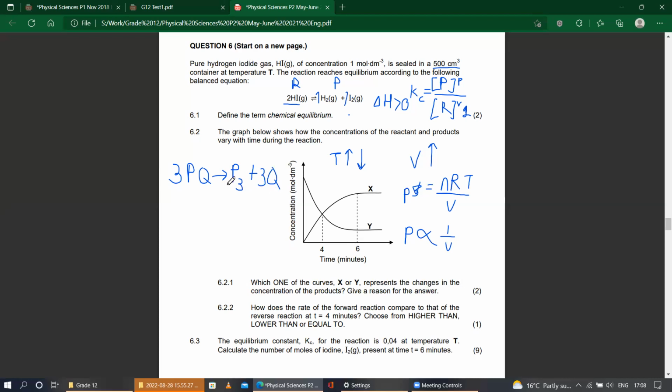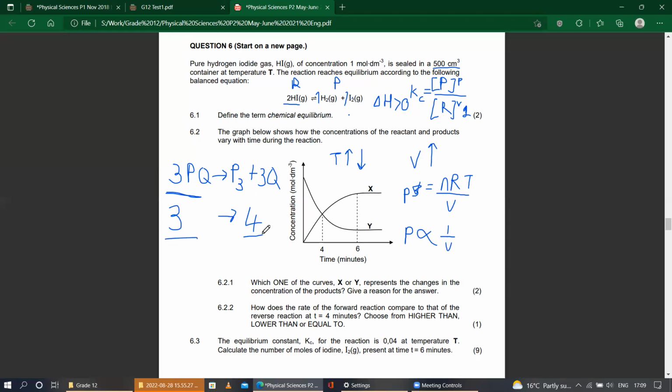So in this particular reaction, when we increase the volume, we decrease the pressure. So the chemical equilibrium is gonna support the side with less moles because here it's 3, but this side it's 4. So when pressure decreases, it supports the side with less moles. But when the pressure increases, it's gonna support the side with more moles.